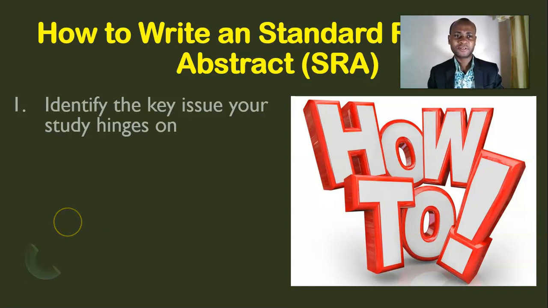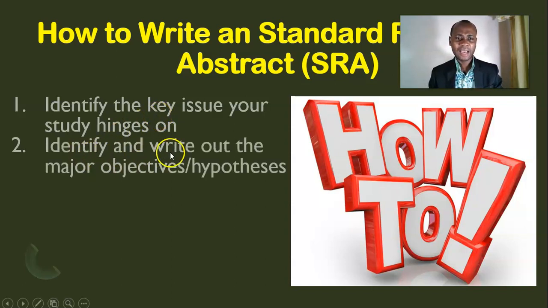Okay, so the first thing to do is to identify the key issue or issues your study hinges on, because you are going to use this to write the introduction aspect of your abstract. What does your study hinge on, or what is the foundation of your study?